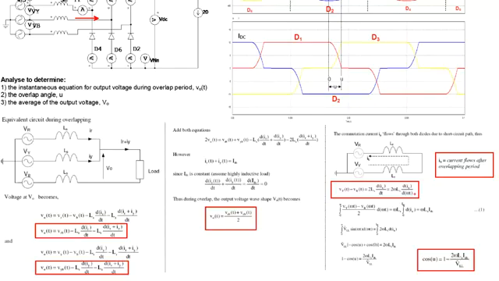So you replace the dt with d theta. So now you cross multiply the d theta, or d omega t, here. So at the left hand side, you integrate from 0 to u, the voltage of VY minus VR over 2 equals to omega LS, and you integrate the current IU, which is from 0.